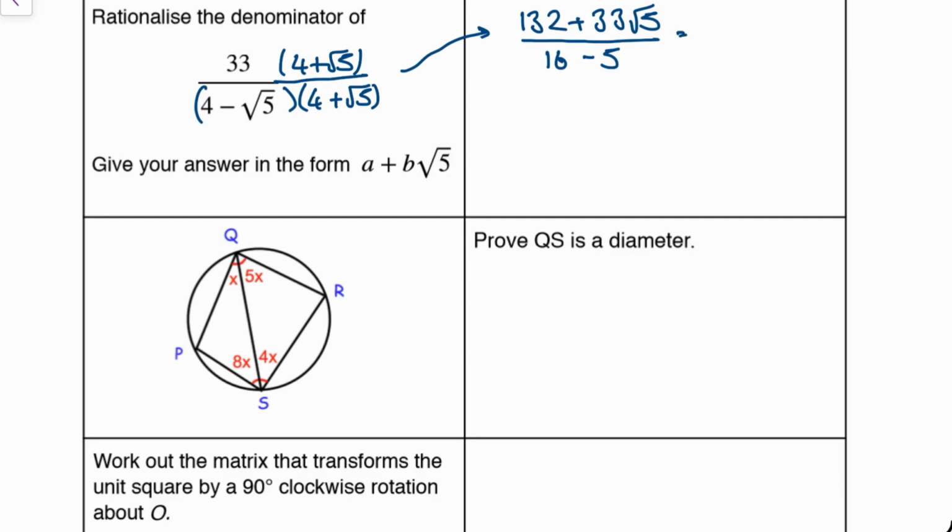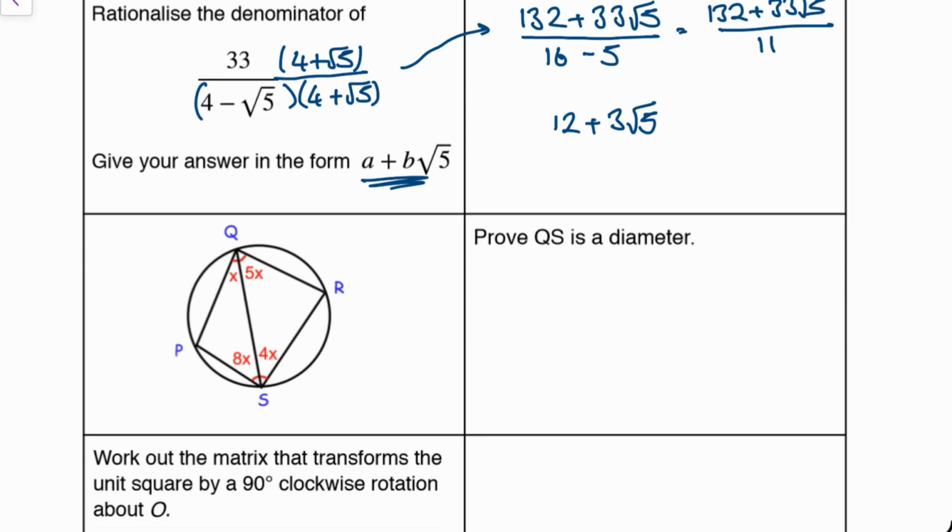Actually, let's write the step in between. 132 plus 33 root 5 over 11. 132 over 11 does indeed simplify down to 12, and 33 over 11 simplifies down to 3. So it means my final answer is 12 plus 3 root 5. Have I answered it in the right format? Yes, I have. Question done.